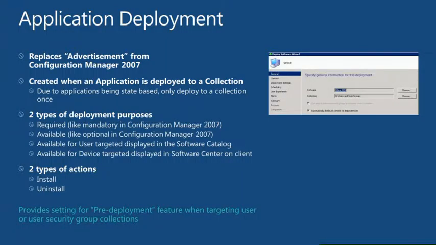And there are two ways to make them available. One is you target that application to the user and make it available in that software catalog, the portal that I was talking about. And the next one is device targeted, meaning it will be available in the software center on the client. And as I mentioned earlier, there are two types of actions that you can perform. One is you can install a specific app, or you could define an app and, for compliance issues, you can uninstall a specific app as well.